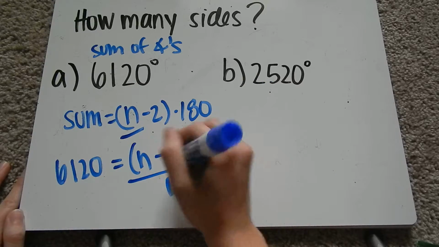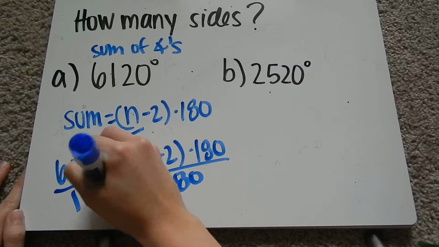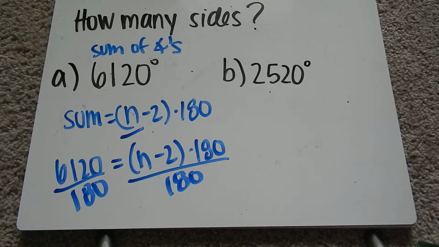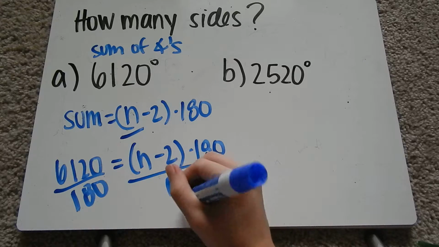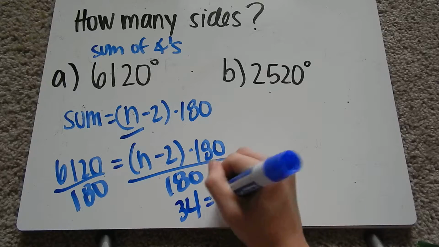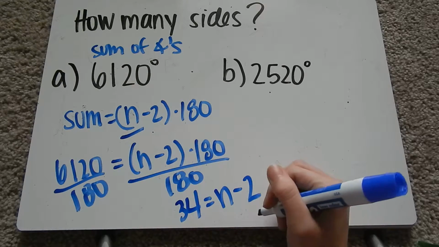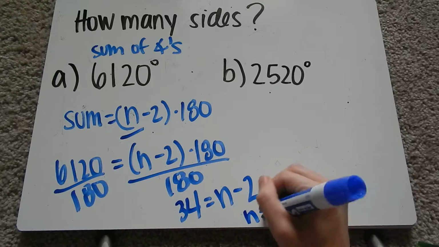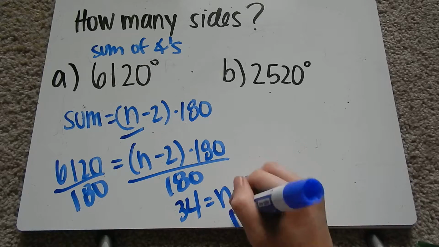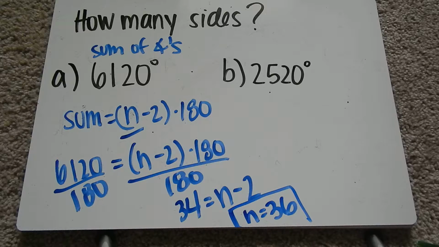Divide by 180 is the first thing we do. 6,120 divided by 180 gets me 34. 34 equals n minus 2. If I add 2 to both sides, I get n equals 36. That's how many sides would give me a sum of 6,120 degrees for the angles.